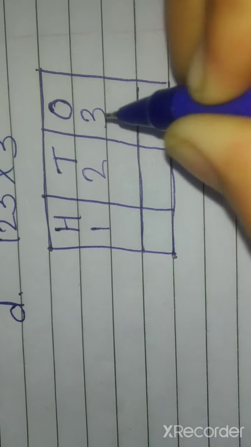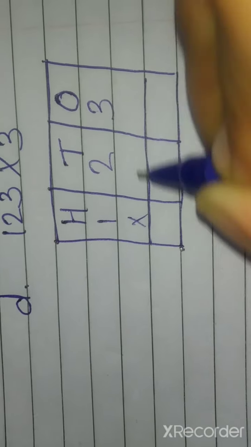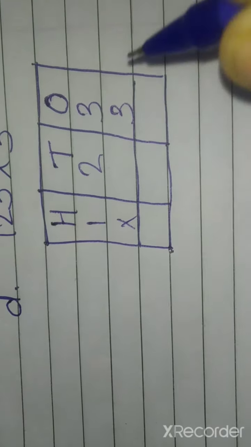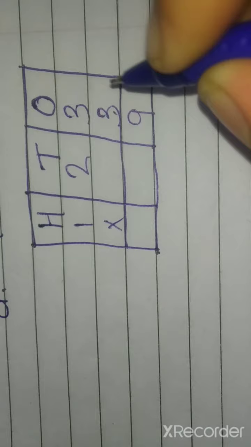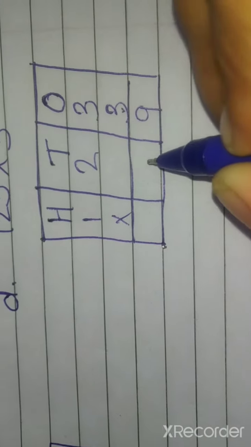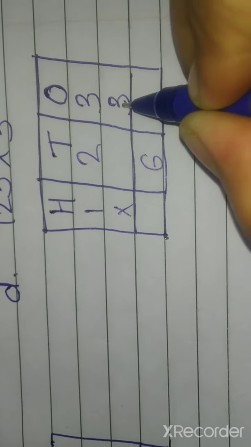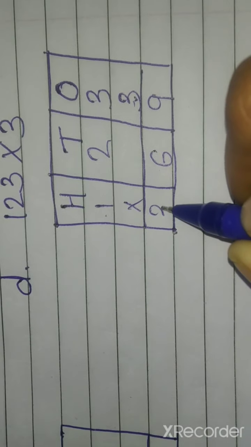Now the next one, 123 into 3. 3 3s are 9. 3 2s are 6. 3 1s are 3.